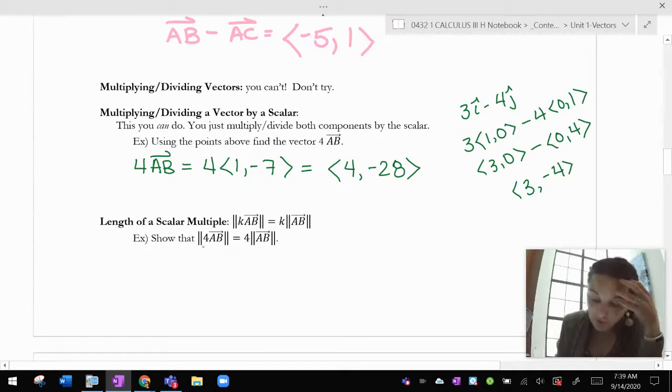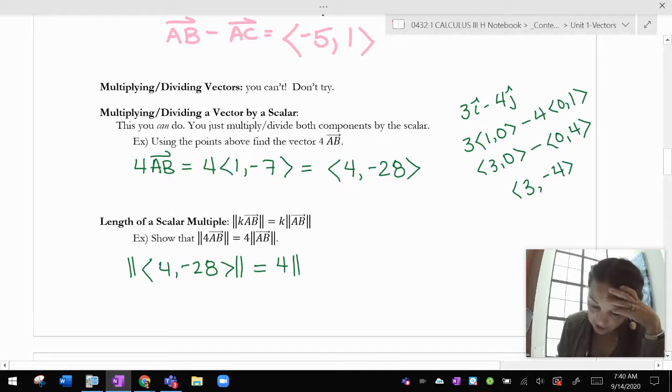So this says, show that the magnitude of 4AB is the same as 4 times the magnitude of AB. Okay, fine. So if I want to show that the magnitude of 4, -28 is equal to 4 times the magnitude of 1, -7, let's see, this is going to be the square root of 4 squared plus 28 squared.